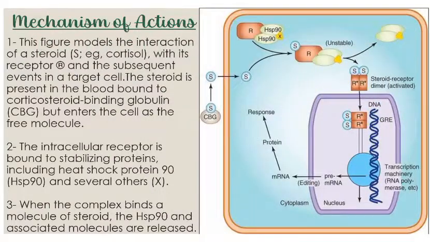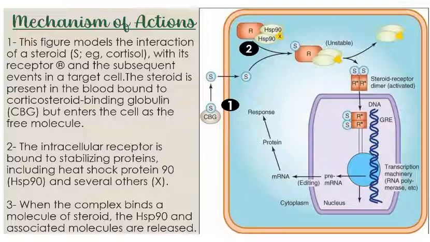Mechanism of action. This figure models the interaction of a steroid with its receptor and the subsequent events in a target cell. The steroid is present in blood bound to corticosteroid binding globulin but enters the cell as a free molecule. The intracellular receptor is bound to stabilizing proteins including heat shock protein 90 and several other proteins.